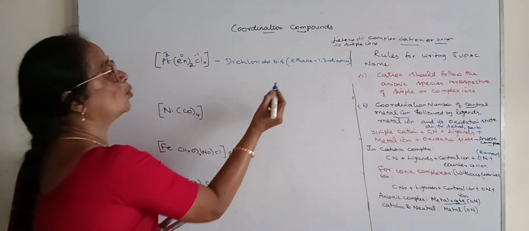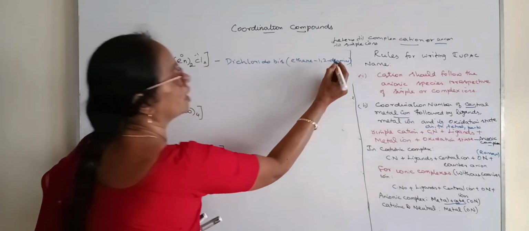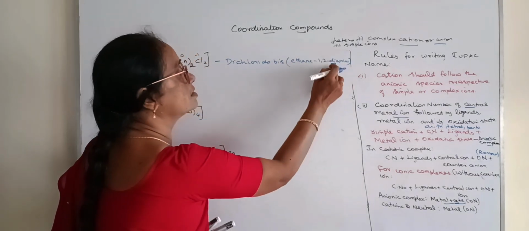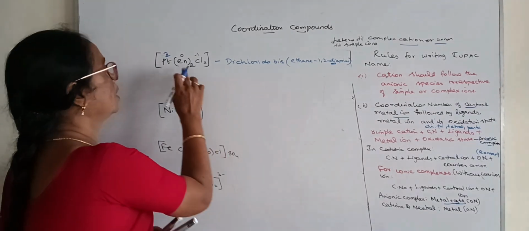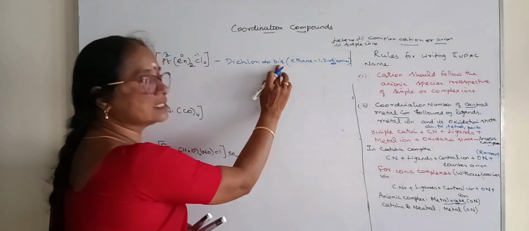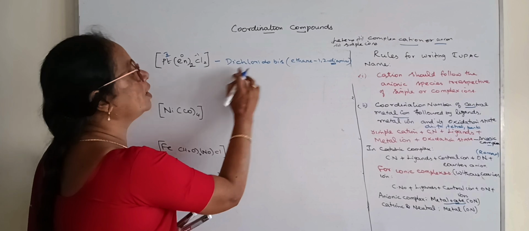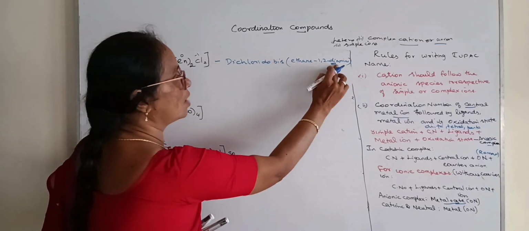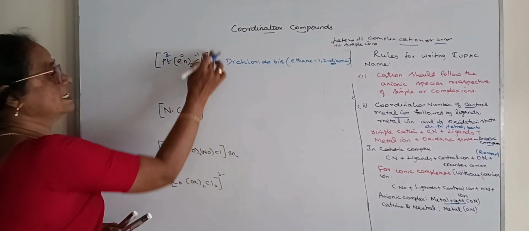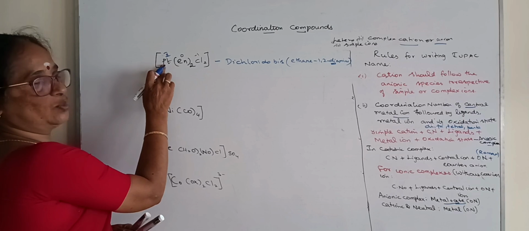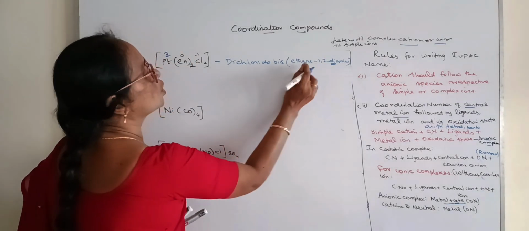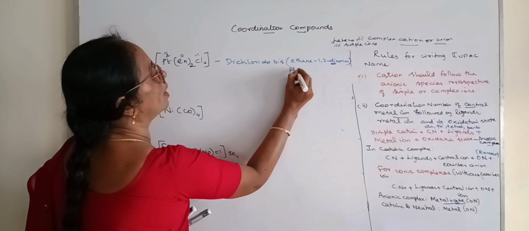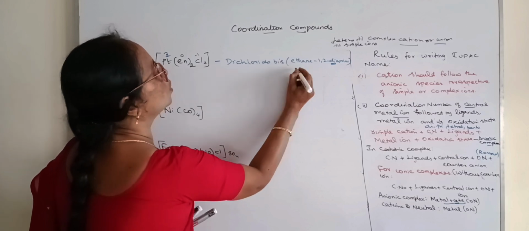Why did I take bis? Because this ligand itself has the numeric prefix di. That's why the number is given as bis. So dichlorido bis(ethane-1,2-diamine). It is neutral, so it ends with just the metal with the oxidation state: platinum(II).